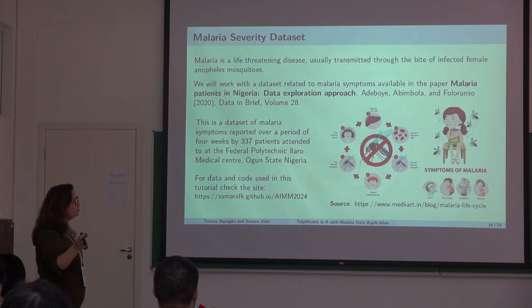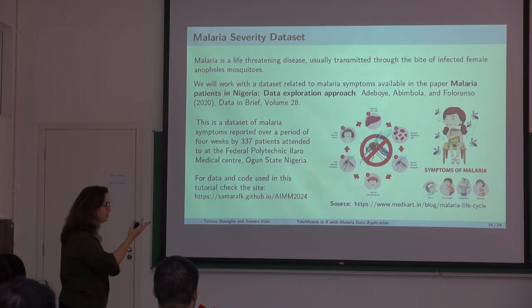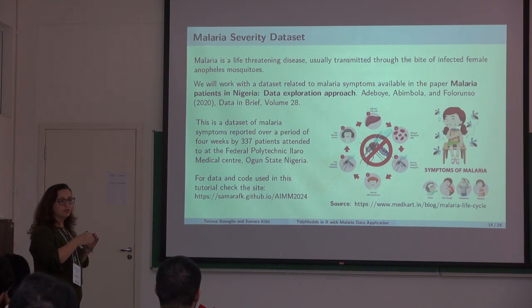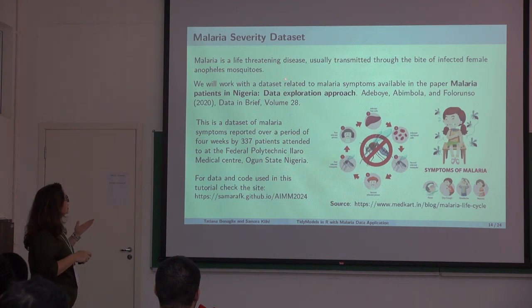Okay? So then going to the malaria data, since this is the workshop, I'm going to talk about the data sets that we are going to use throughout our tutorial. Okay? So malaria is a life-threatening disease, usually transmitted through the bite of infected female mosquitoes. It has this life cycle here.